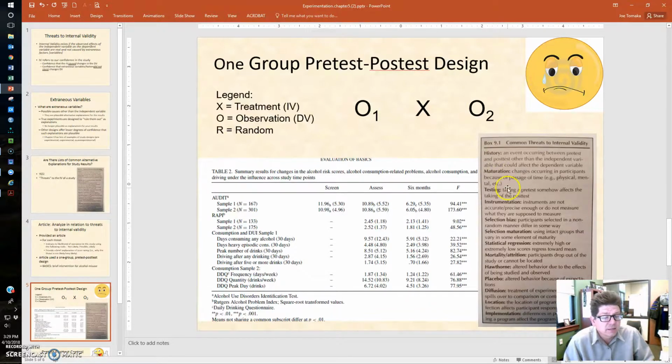Okay, let's look at another one. Maturation. 6 months is maybe a long period of time, and so you might say, well, maybe drinking goes down because in that 6-month time frame, it's natural for college students to kind of get older and wiser and more mature. We sometimes talk about them maturing out of heavy drinking patterns.